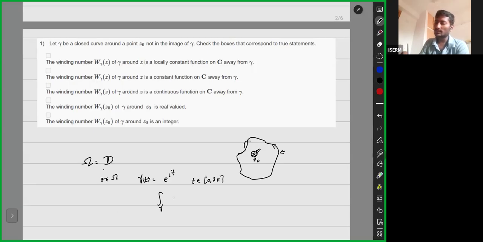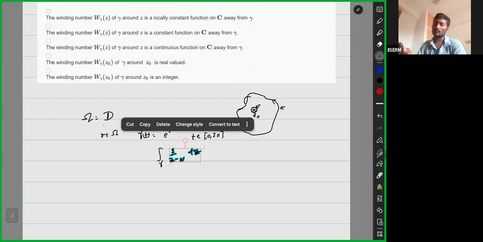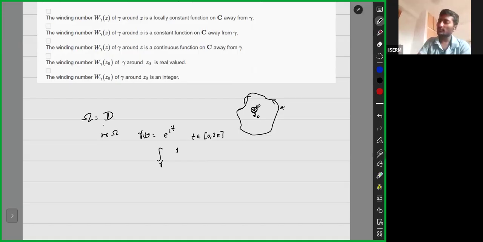The integral over gamma of 1 by z minus w dz, for every w belonging to the disk.